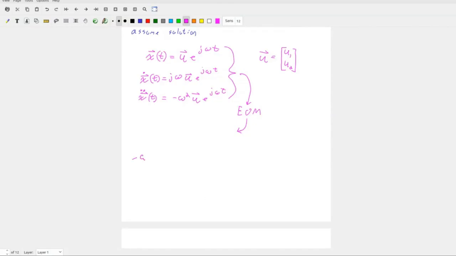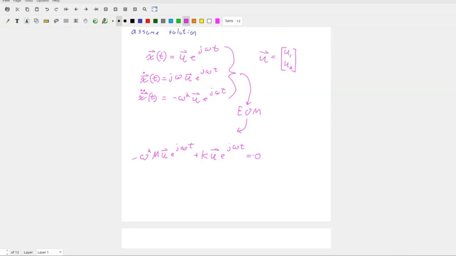I'm going to get negative omega squared m u vector e j omega t plus k u vector e j omega t is equal to 0.